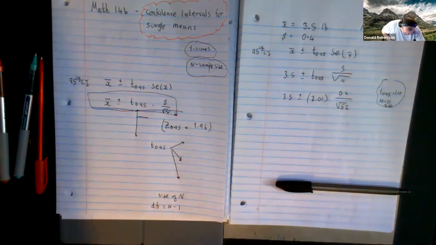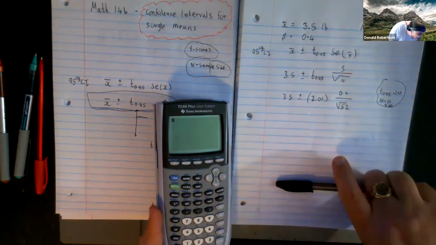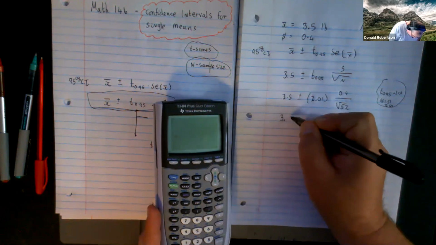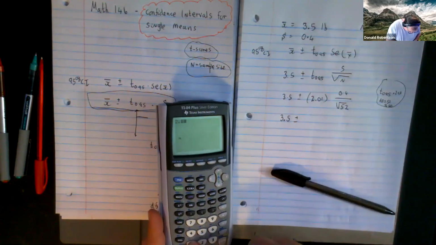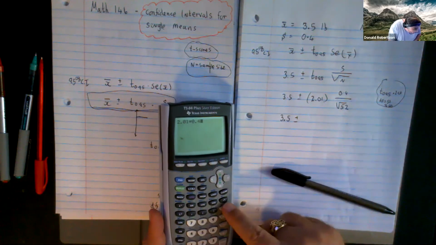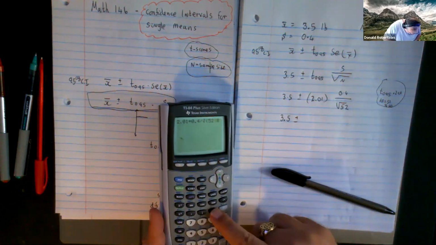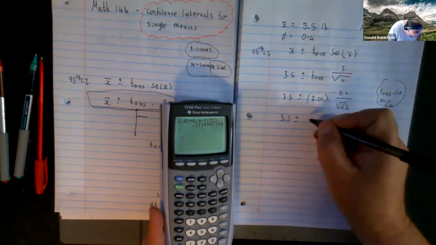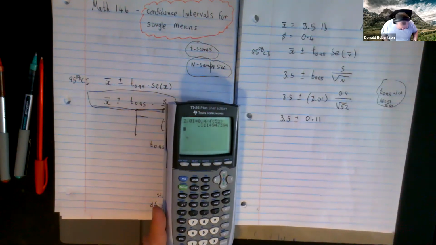Once you put that package together, the average weight of rabbits in this location is 2.01 times 0.4 divided by the square root of 52. And the answer, to 2 decimal places, is that guy.